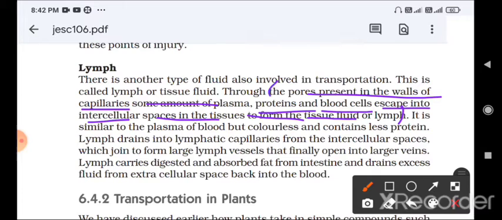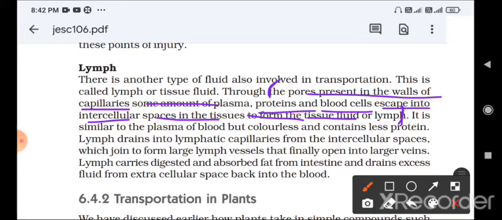Plasma, proteins and blood cells escape from the capillary wall into the intercellular space, and this forms the lymph. The first question is what is lymph, and how lymph is formed. From this point to this point you have to write.